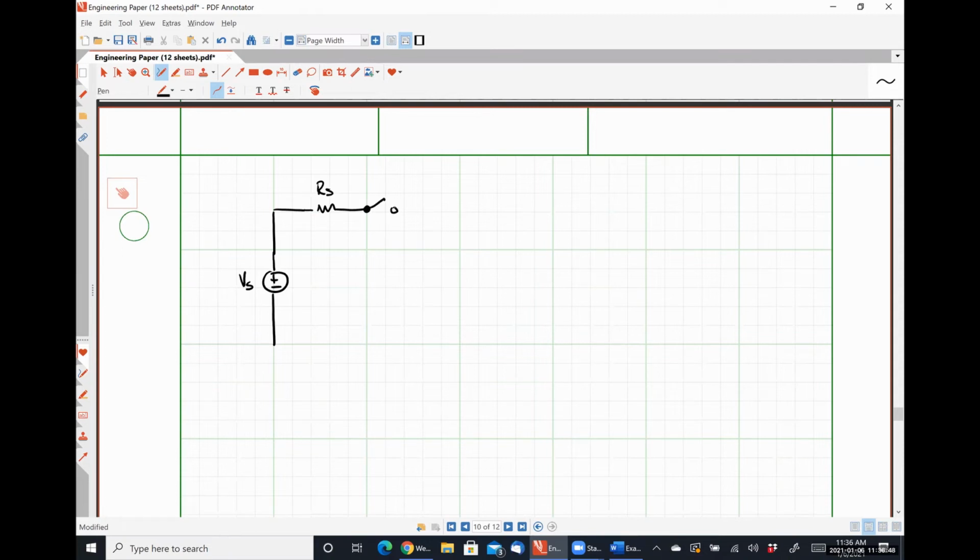Here's my switch. I'm not quite sure if I'm going to open it or close it yet, so we'll circle back around to that guy momentarily. Let's call this guy R1. Here's an inductor L.